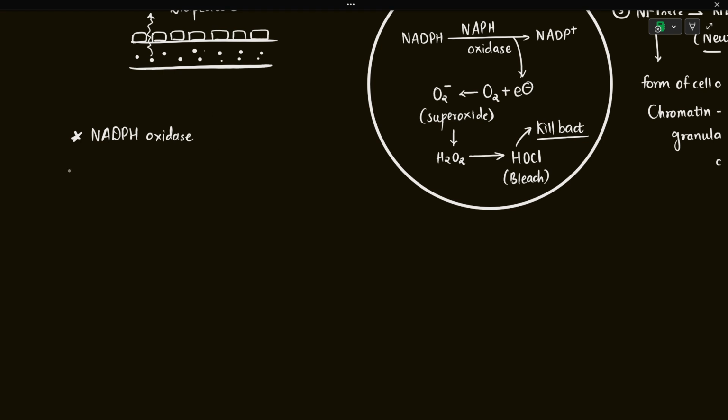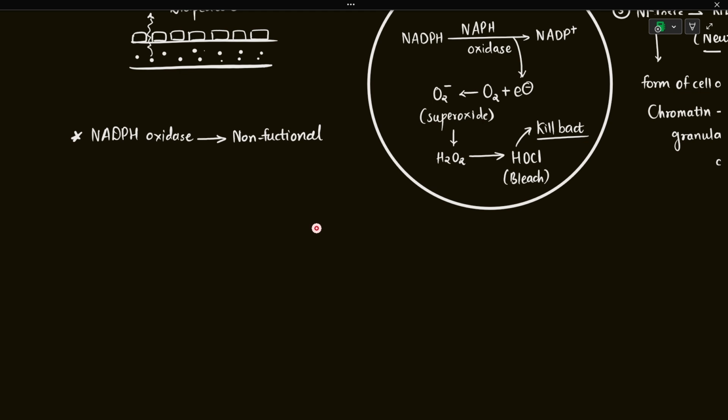Due to some reason, let's say the gene of NADPH oxidase mutated and is now non-functional. Once NADPH oxidase gets mutated and is not able to do its function properly in the neutrophil, that will result in no production of reactive oxygen species.